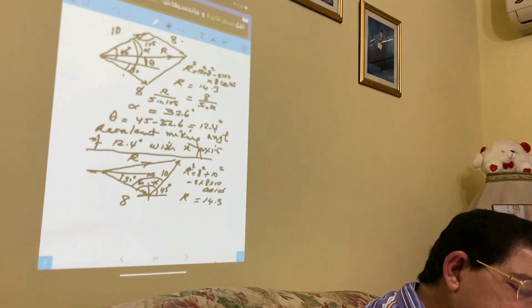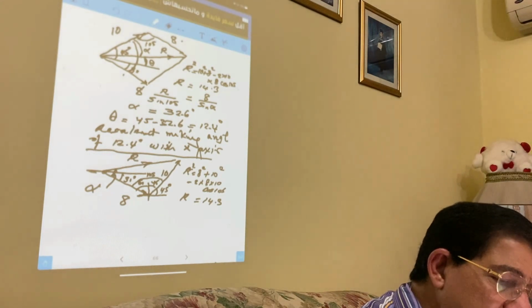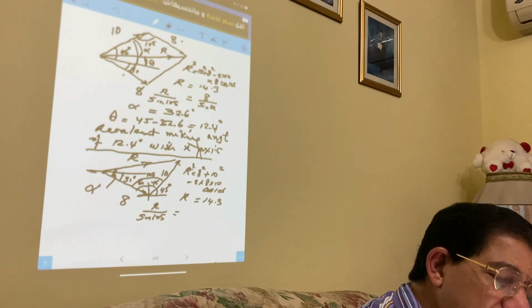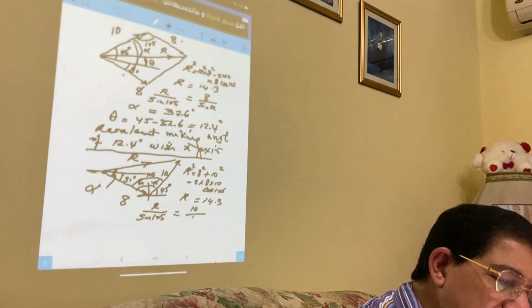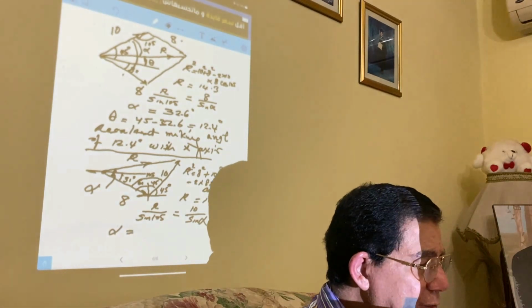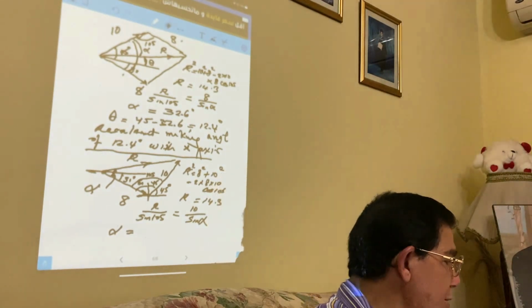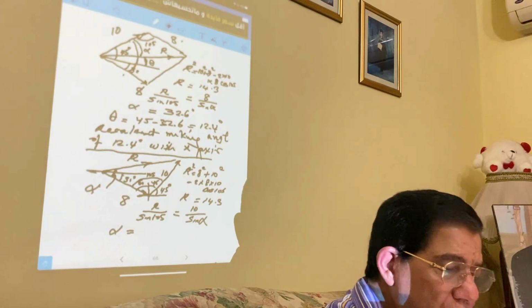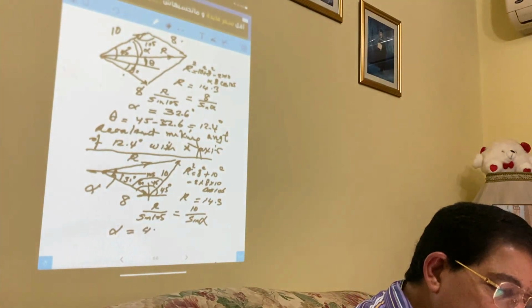Then we call this angle alpha and use the sine rule. Therefore we say the resultant R divided by sine 105 equals the force 10 over sine alpha. So we get the angle alpha to be 42.4 degrees.